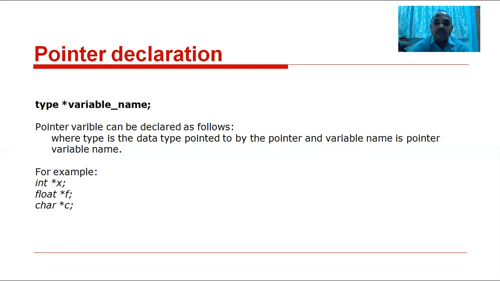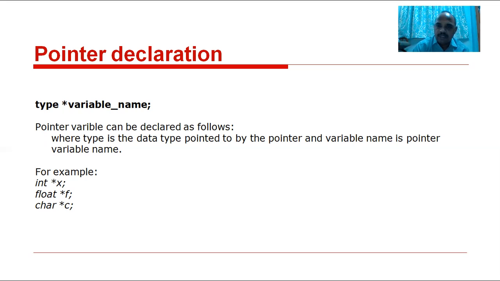How to define a pointer object? How to declare a pointer object? Here the type is a class type. To create an object, simply prefix the object name with the asterisk symbol: class name, asterisk, object name.